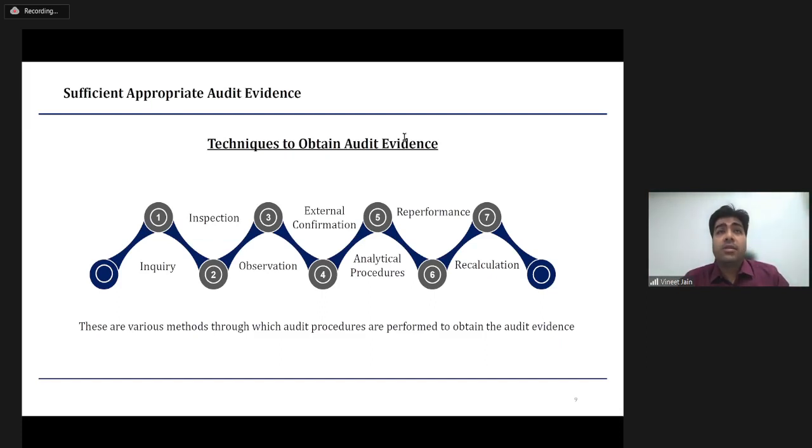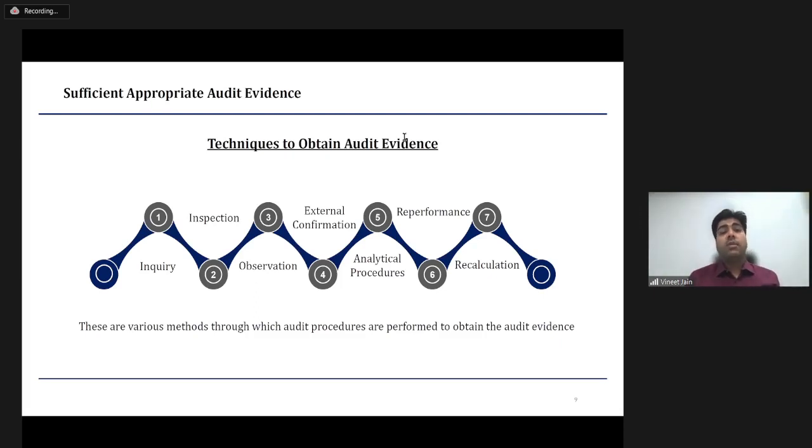For example, let's say we were to get comfort over debtors, we floated debtor confirmation to some outside party, and the debtor confirmation that we got was different from the balance that is appearing in the books of account. So floating of debtor confirmation is an external confirmation, but then when the difference came in, we scrutinized the ledgers and started inspection, wherein we try to identify why this difference is there and which is the party.